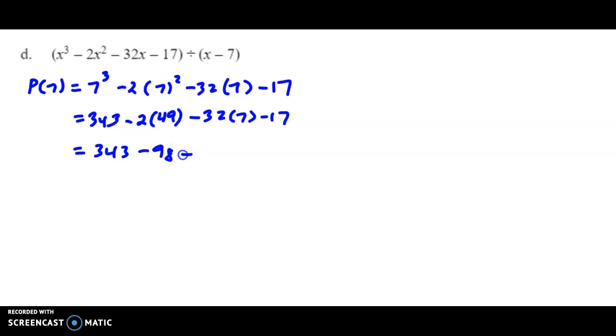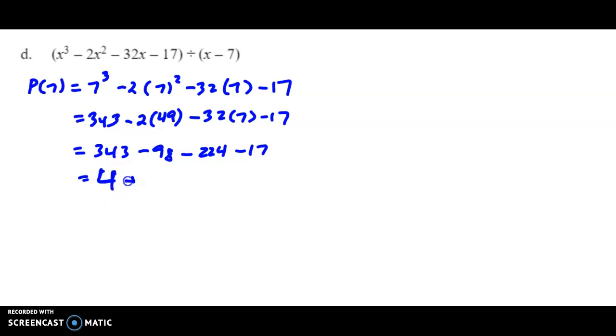All right. 32 times 7 is 224, minus 17. And then we work that out. So 343 minus 98 minus 224 minus 17. Doing this in my calculator gets me 4. Okay. So 4 is the remainder.